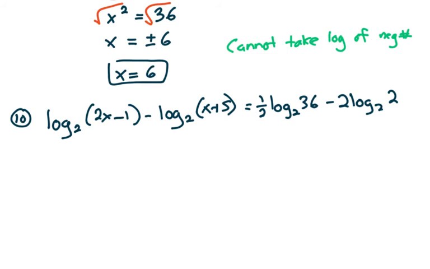All right, so I need to condense both sides. So I need to condense the left and condense the right into a single logarithm. So the first thing I'm going to do is take this 1/2 as an exponent and put it up on the 36 and bring the 2 up as an exponent.